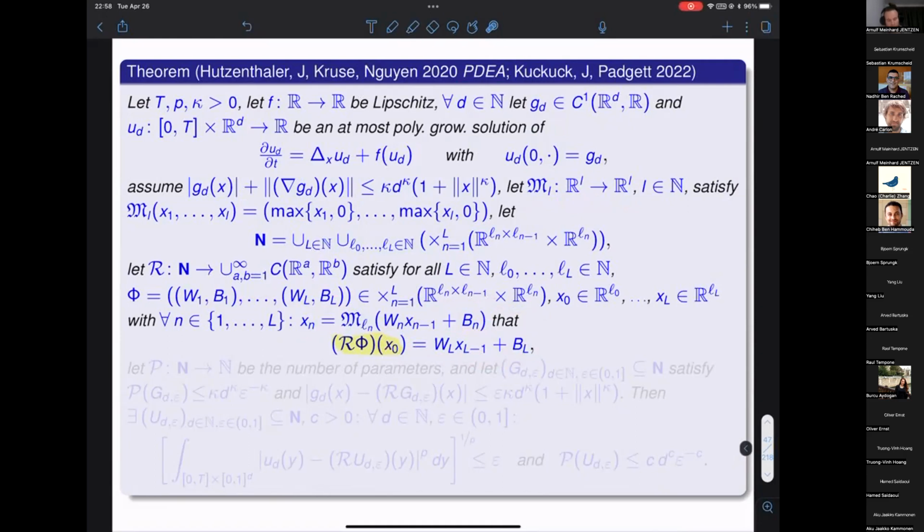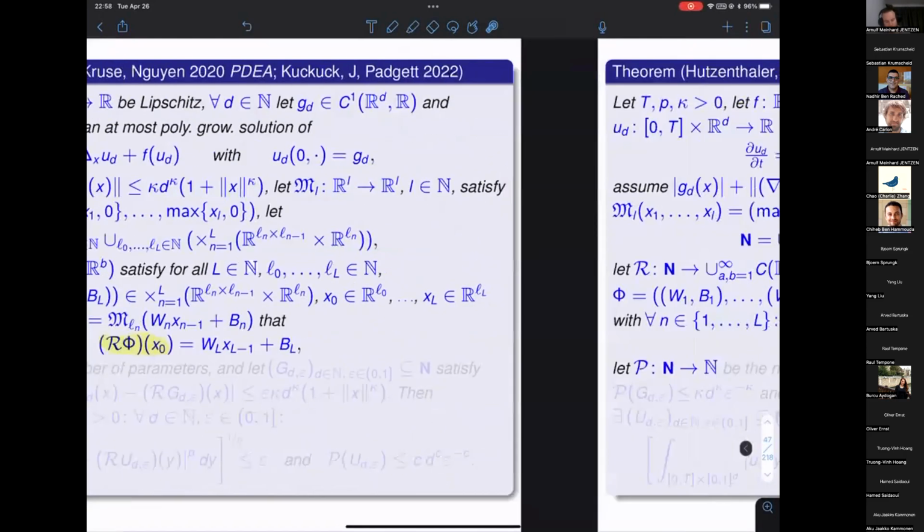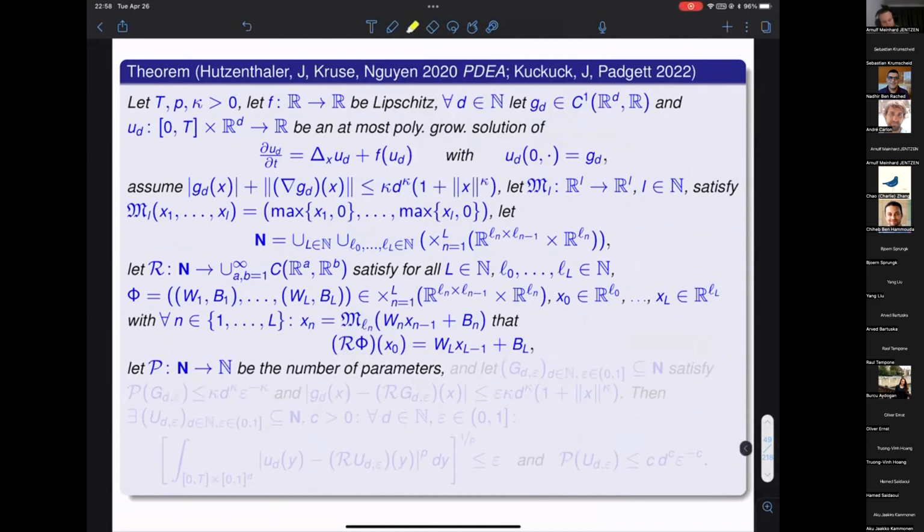Now we also want to measure how much memory we need to store such an object, such an L-tuple phi, on a computer, or more precisely, how many scalar real numbers we use to store such an object. This is the role of the parameter function P, a function from the set of neural networks to the natural numbers, which just counts the number of parameters.